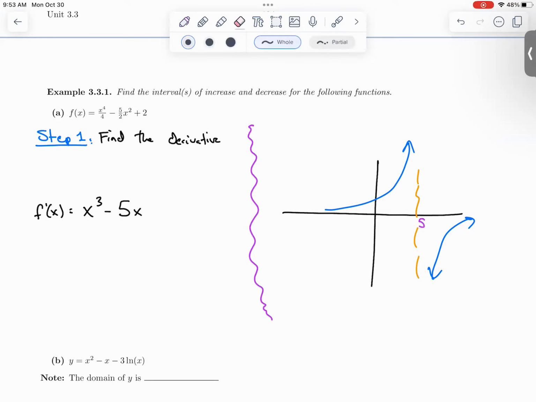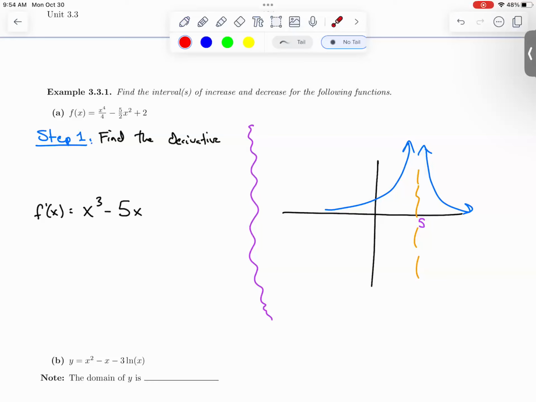Not like that. Like this. Sorry. The derivative does not exist, but that is a place of importance. That's a semi-critical value. And notice that on one side of it, it's increasing, but on the other side, it's decreasing. So semi-critical values do play a role in finding intervals of increase and decrease.